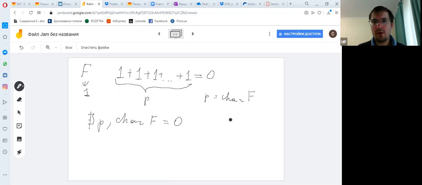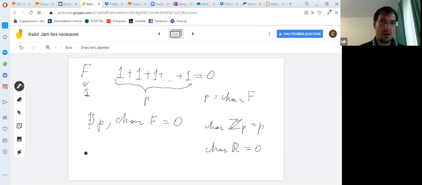For example, if I have the field Z_p, then of course the characteristic of this field equals p. And if I have, for example, the field of real numbers, then its characteristic equals 0, because in real numbers we can't add some ones and obtain 0. It's easy to see that the characteristic is either 0 or a prime number.